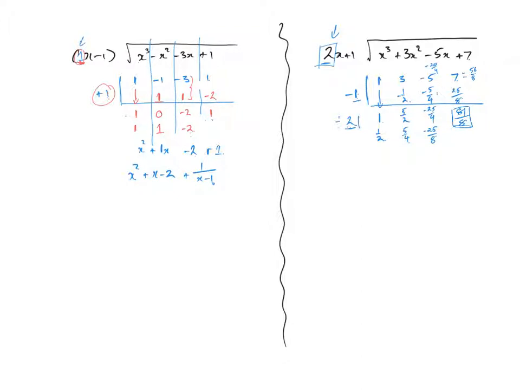Okay, so I get my result is 1/2 x squared plus 5 on 4 x minus 25 on 8 with the remainder of 81 on 8, which means I can write it as 1/2 x squared plus 5x on 4 minus 25 on 8 plus 81 over 8 times 2x plus 1.